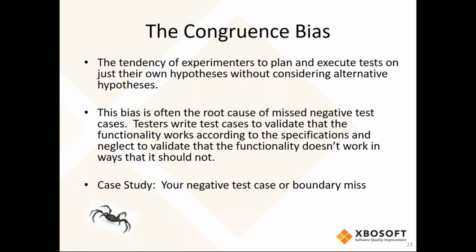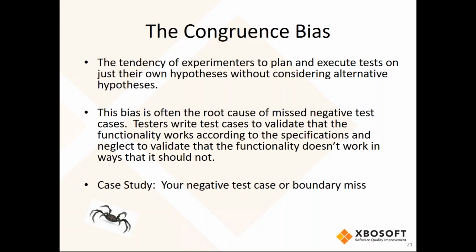Then the congruence bias. This comes up, of course, in your test planning. It's the tendency of experimenters, or testers for that matter, to plan and execute the tests based on their own hypotheses without considering alternatives. When you miss a negative test, this is often the root of it.